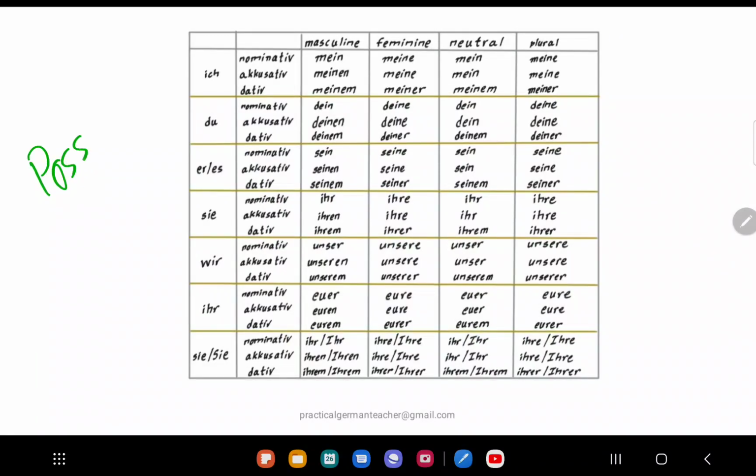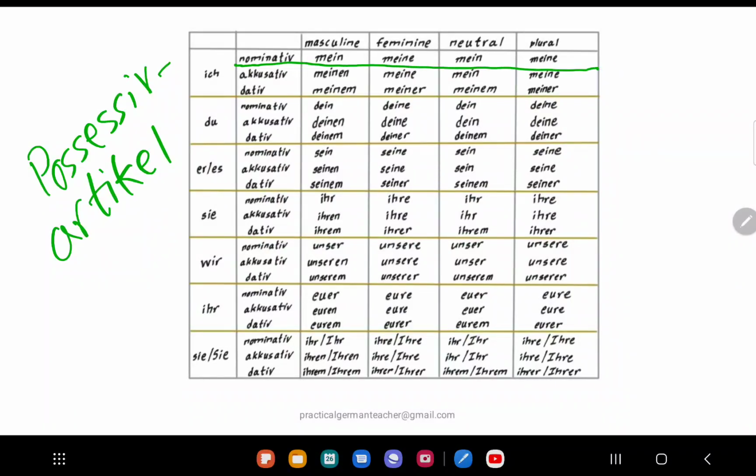This table is for possessive article, so my, your, his, her, their, right? Let's say we're talking about ich, so nominative case. This much you know, right? Here, check, masculine, neutrum: mein, mein, right? Feminine, plural: meine, meine.